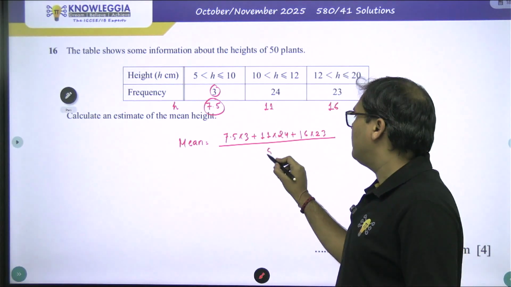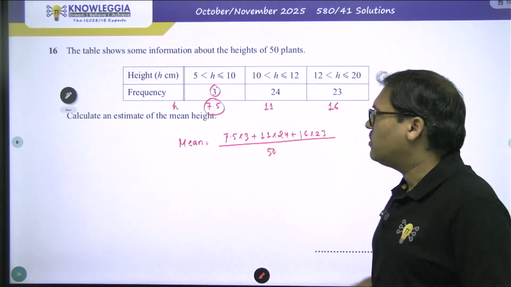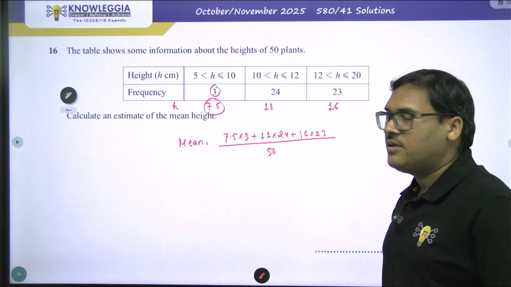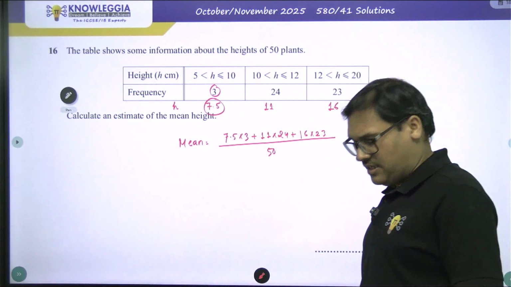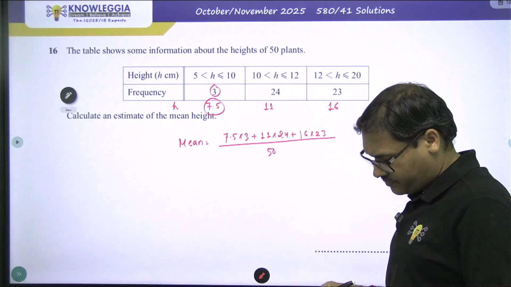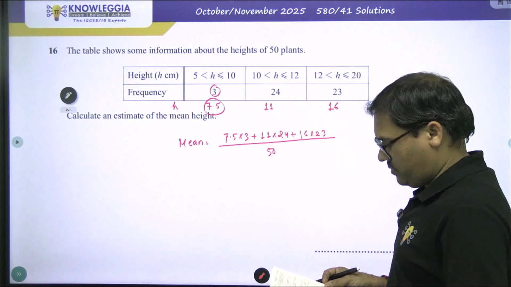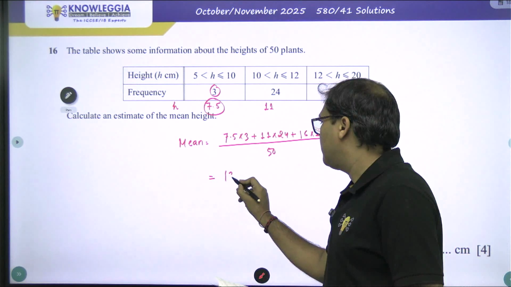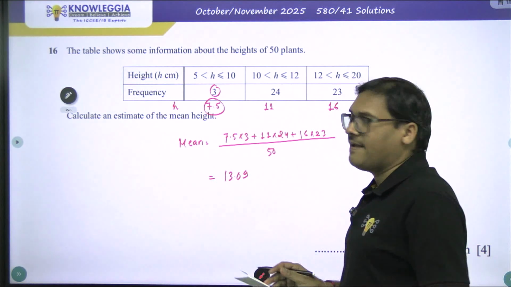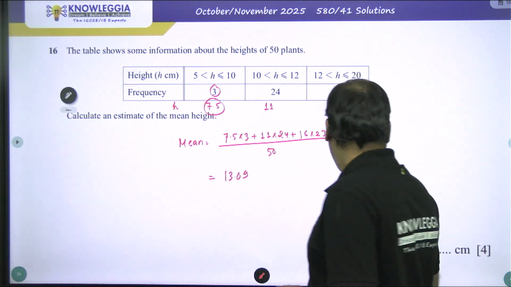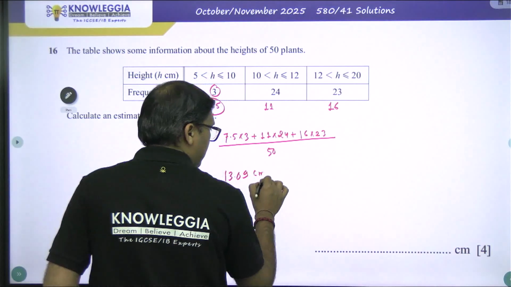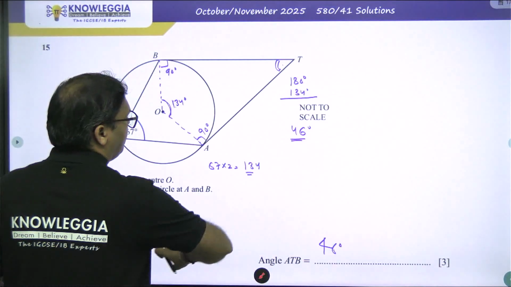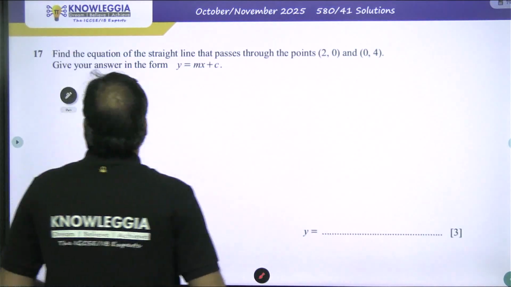This is 50, because this is the data of 50 plants. You can just check this sum will be equal to 50. Let's put the value in the calculator and get the answer. You will find this is 13.09, that is the mean. 13.09 centimeters. Okay. So now move to the next question.